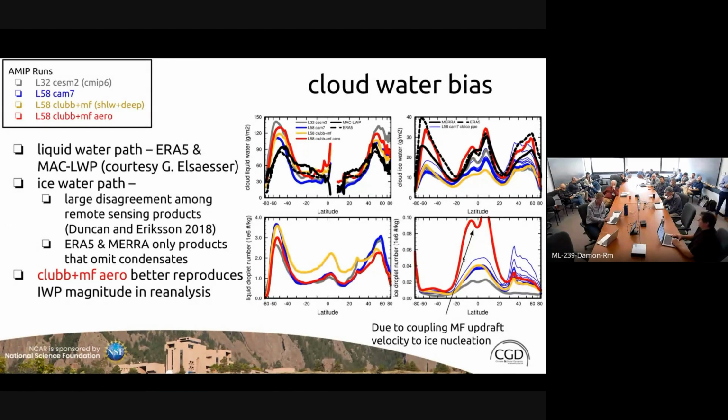A lot of this has to do with coupling the mass flux updraft velocities with the ice nucleation rates. And this is the ice number below here, and you can see CLUBB-MF Aero produces a lot more ice number at the equator, and even over the Southern Ocean, which is partly responsible, though not mostly responsible, for the increase in ice water path. In CLUBB-MF Aero, that is more similar to the reanalysis magnitudes.